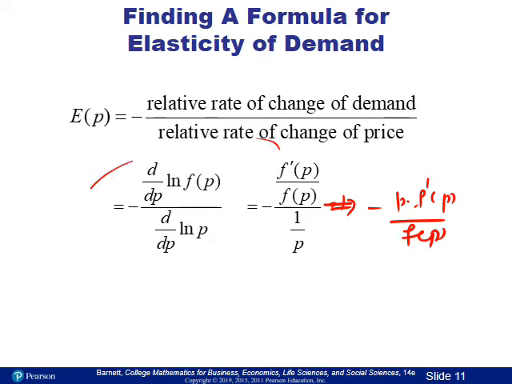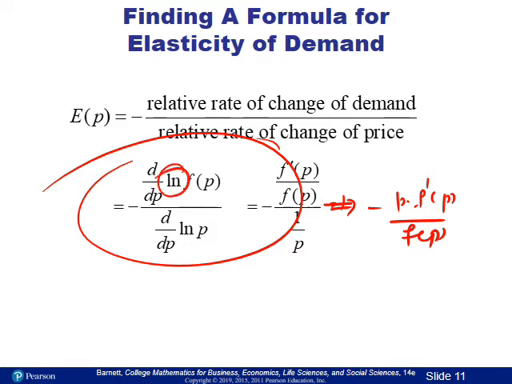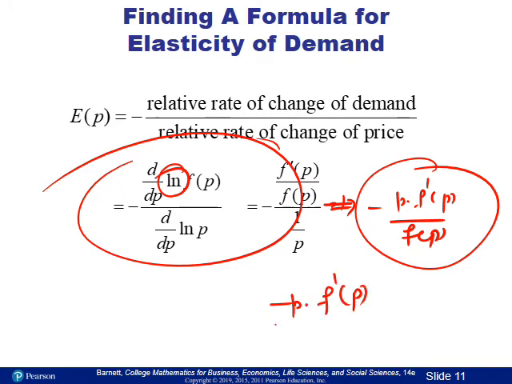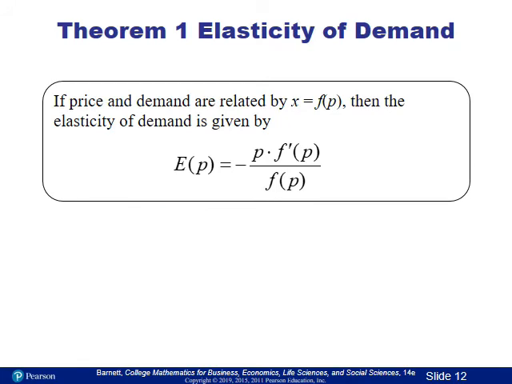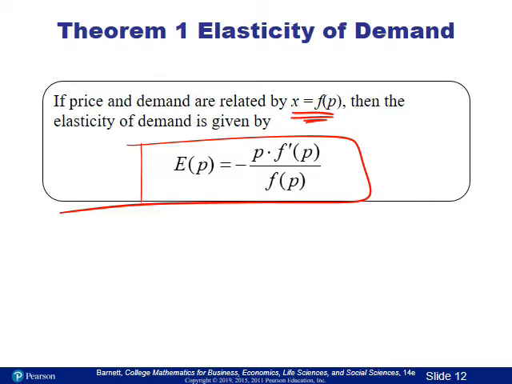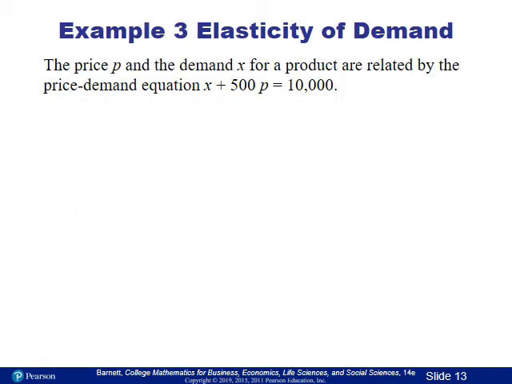If you don't understand this, which would be difficult for you because we didn't discuss the derivative of a logarithmic function, this is the formula: minus p f dash of p over f of p. That is the elasticity of demand. This is the formula for elasticity of demand. If price and demand are related with this equation, then the elasticity of demand is given by this formula.